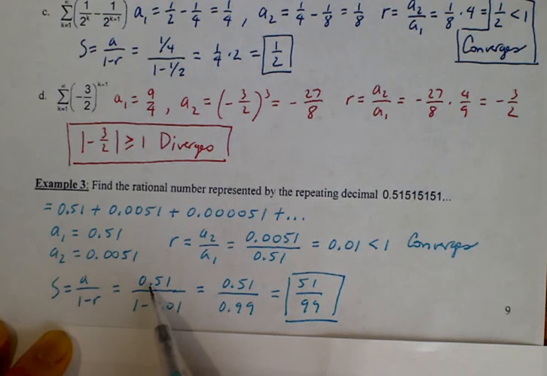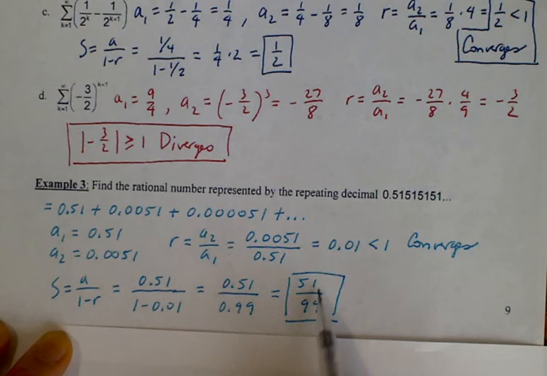To calculate the sum, you take a divided by 1 minus r. So the first term is 0.51, divided by 1 minus the common ratio 0.01. It comes out to 0.51 divided by 0.99, which is equal to 51 over 99.